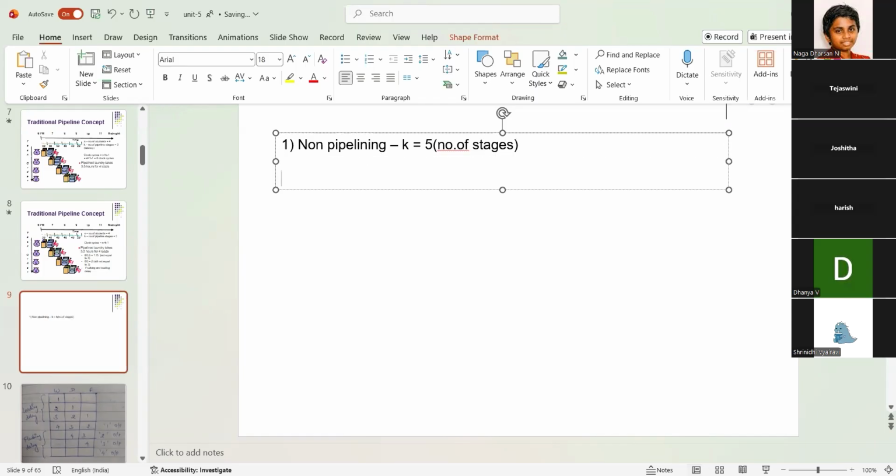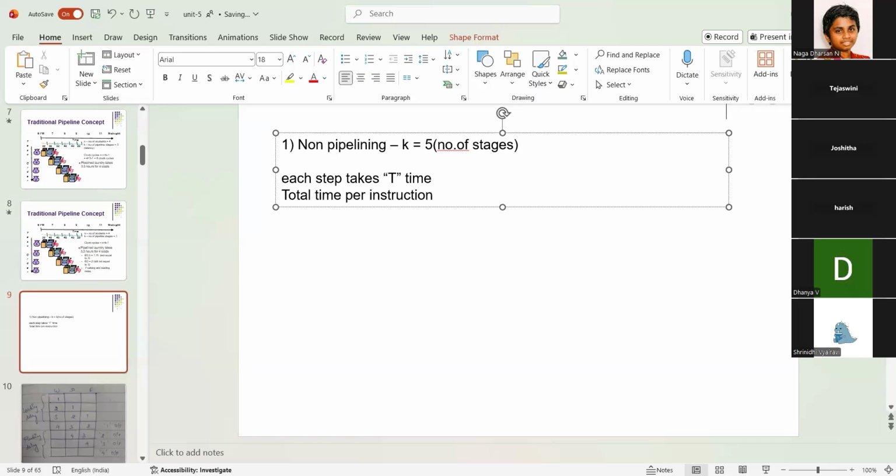Now let's say each step takes t time. So the total time per instruction will be 5t, right?